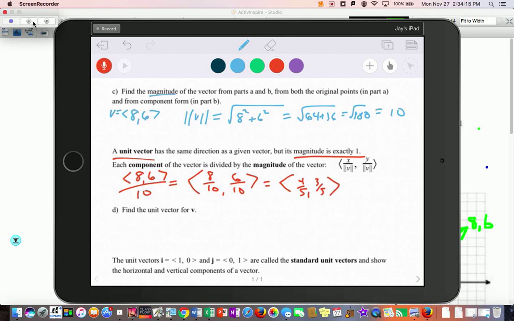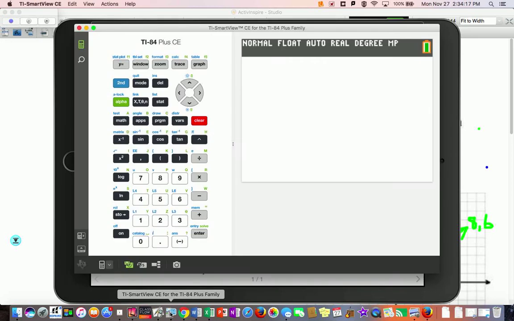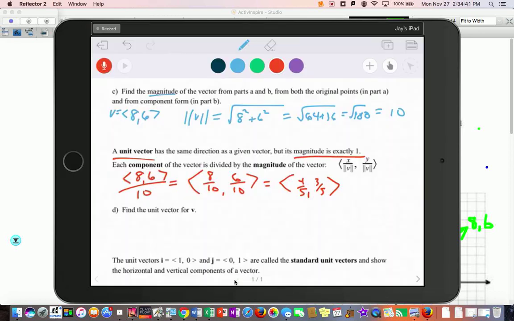And I can show you on the calculator that if I take the square root, and in parentheses I put 4/5 squared plus 3/5 squared, it's all under the radical, and so when I do that I get a 1. And so this has magnitude equal to 1, which is what we want. So I found a unit vector right there.